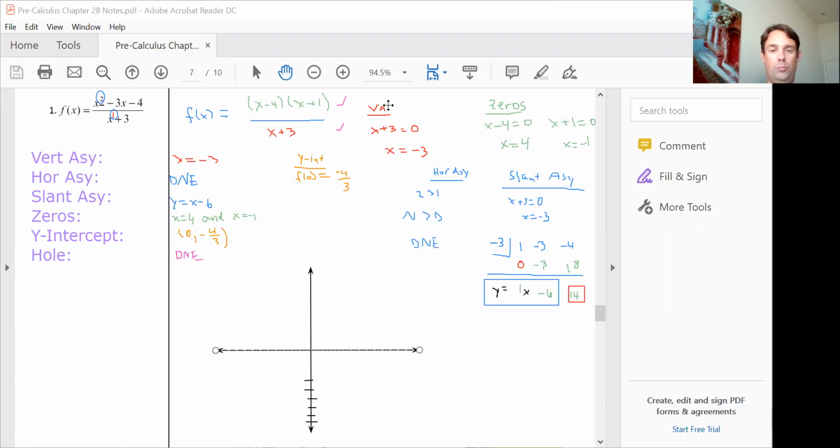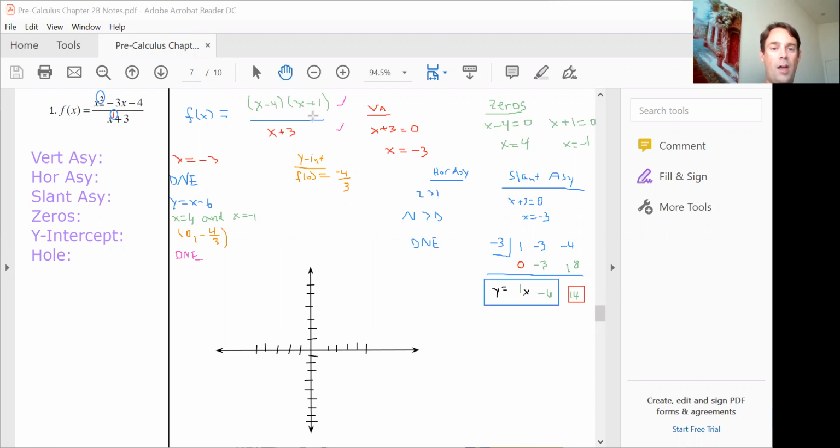There we go. So now we're not going to be exact here. We're not going to try to be exact. We're just going to try to see if we can come up with an idea of what it looks like.